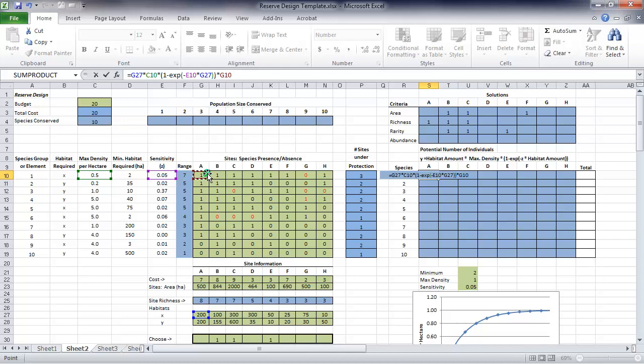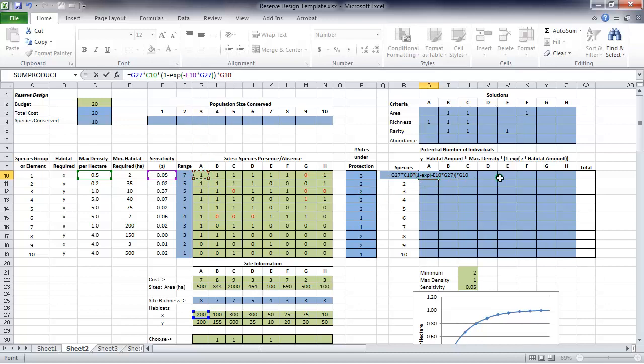Now if we're going to use this equation and copy it over so that it applies to all of our sites and the species, keeping the species characteristics the same, we're going to need to pay careful attention to how we anchor these cell references.